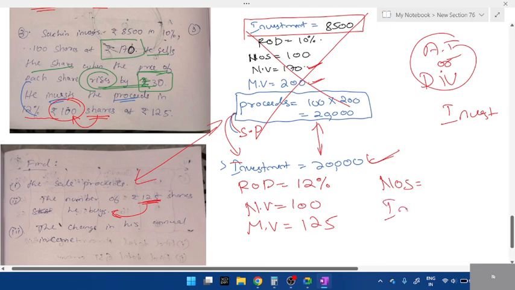What is the investment formula? Number of shares into market value. Sorry, market value. So the number of shares is equal to investment divided by market value. 20,000, and what is the market value?